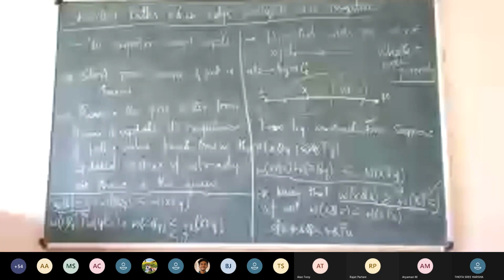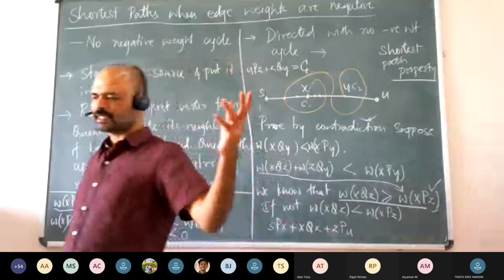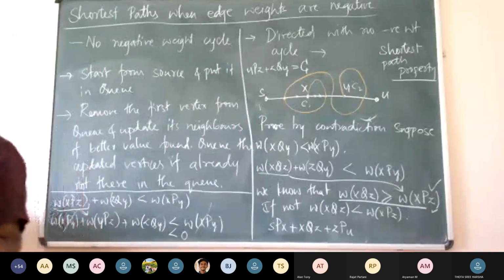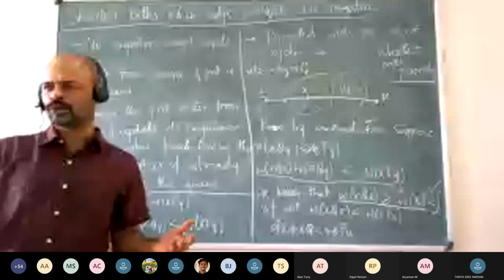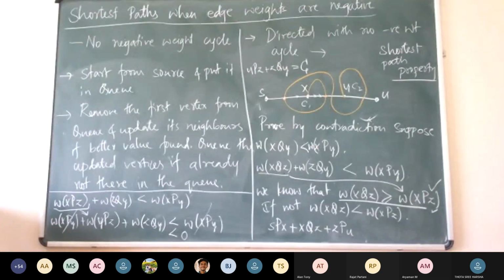We don't even know which vertex that would be, right? Out of all the candidates, any of those vertices can get its distance set. And the distance need not be the minimum from the source. It can be much larger, but it will get its distance set correctly.